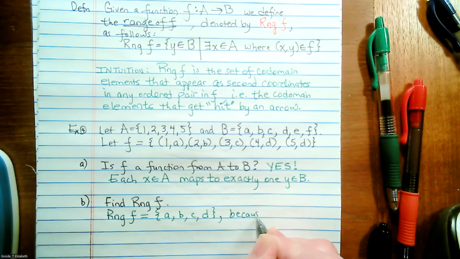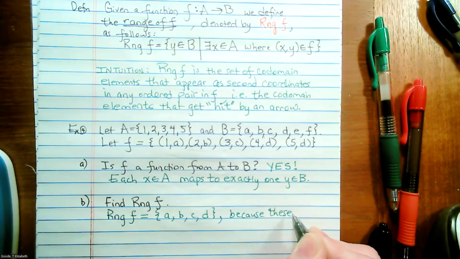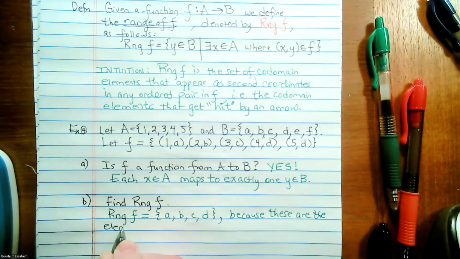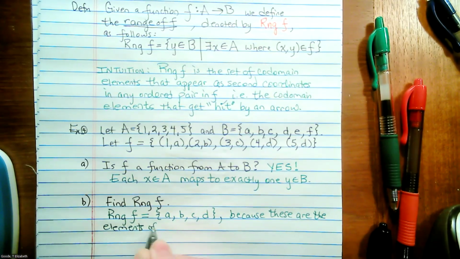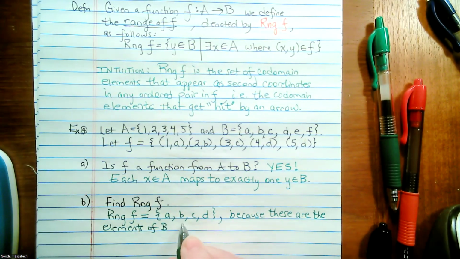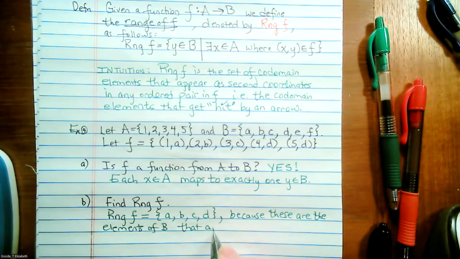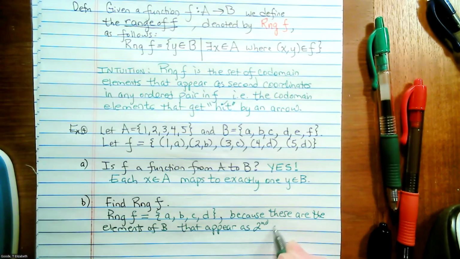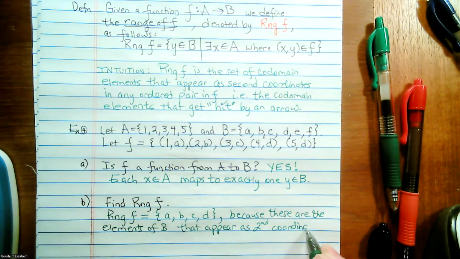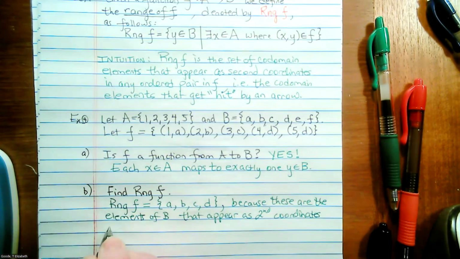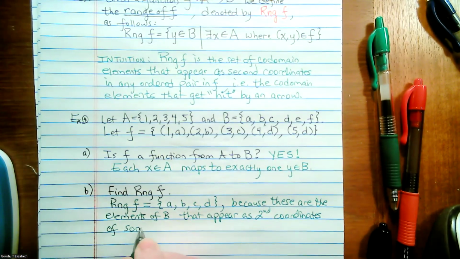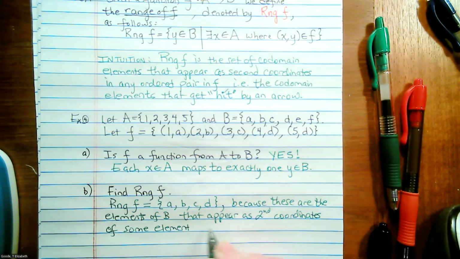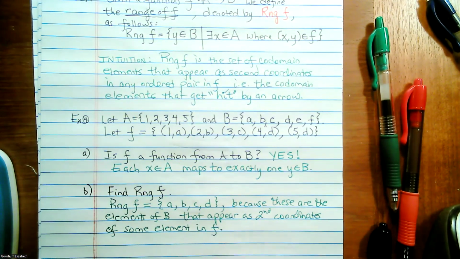It's because these are the elements of B that appear as second coordinates of some element in F. Okay.